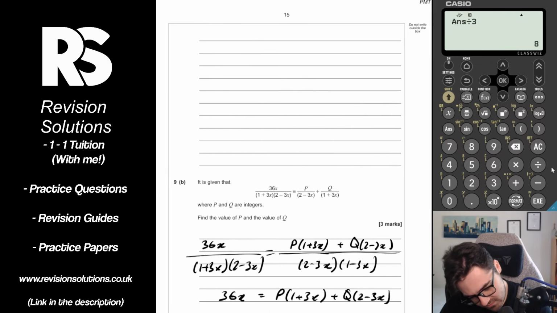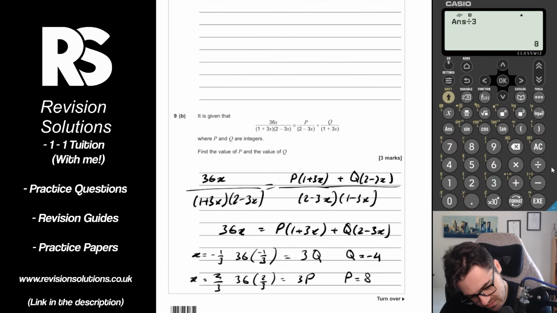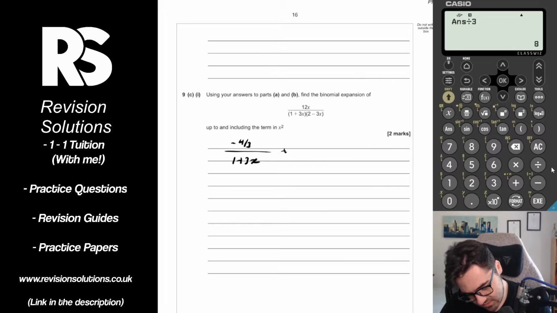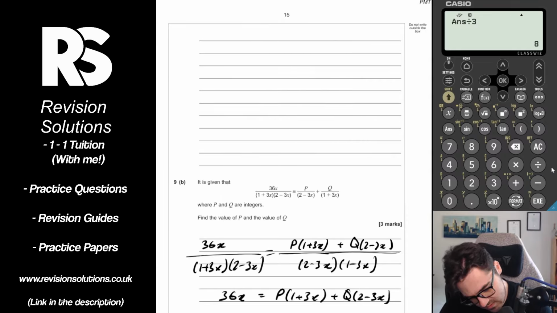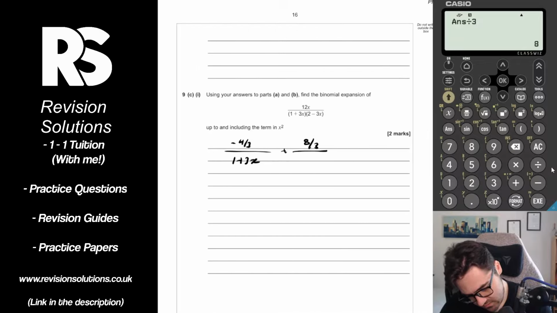And then we've got a third of the 8, so plus 8 thirds over the 2 minus 3x.